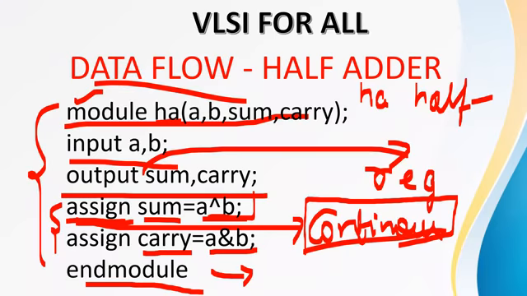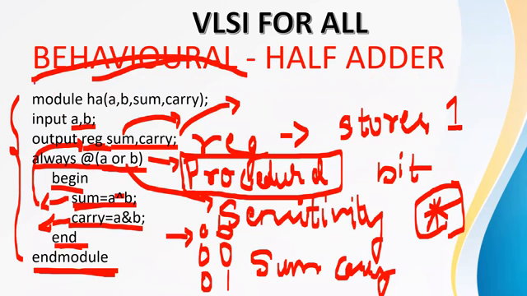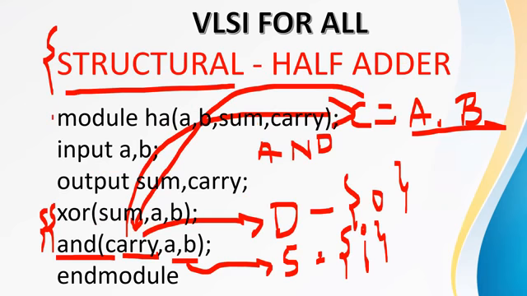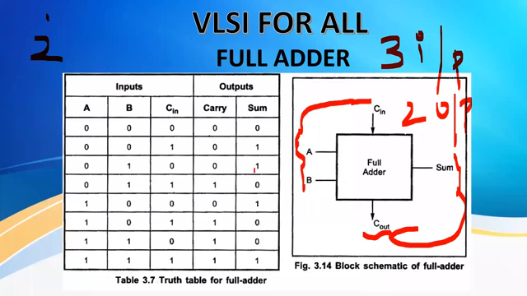Rather, we can go with behavioral and just define the functionality within the always block. Is always a loop, or is it event driven? It is an event capturing function. It is synthesizable. Can I move ahead? Sure.